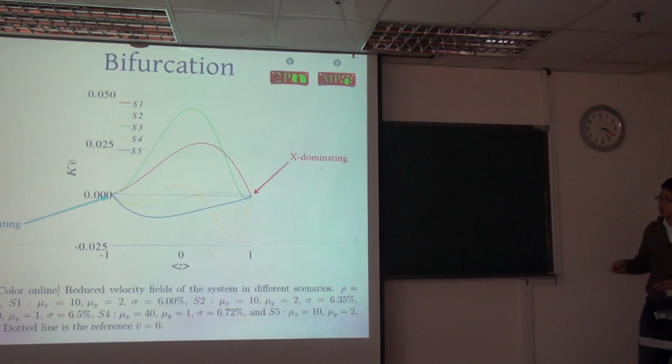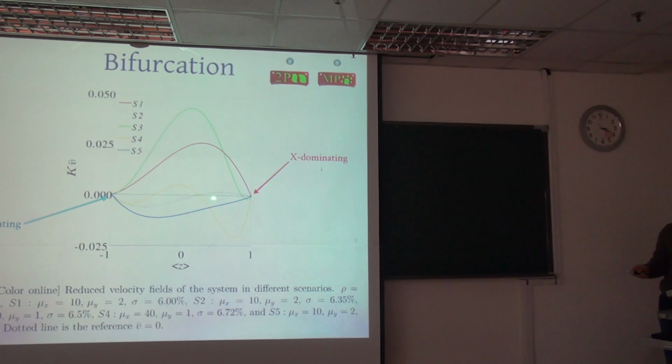Since it's a Taylor series up to order 4, in some parameter regimes the velocity field is always positive, which drives the system always toward the right. And sometimes it's always blue, so it's always driving the system to the left, which is Y dominating. But what is more interesting, you can have some green, where there's an intersection.